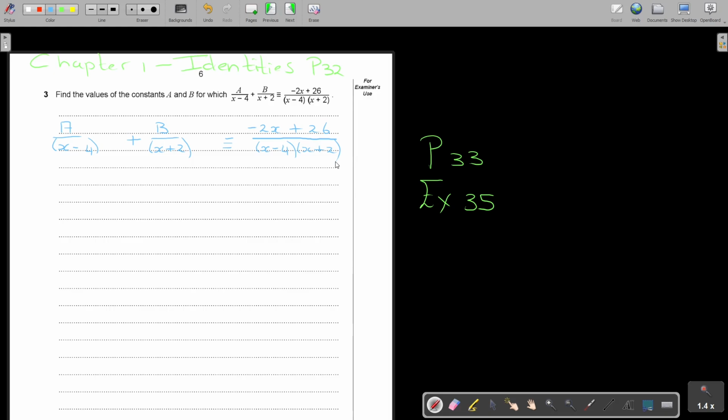So find the lowest common multiple. Now, what will be the lowest common multiple? The lowest common multiple will be x minus 4, x plus 2. So get all your denominators the same. So I must multiply, and this is why I like writing it in. So I must multiply with x plus 2 there to make it the same.